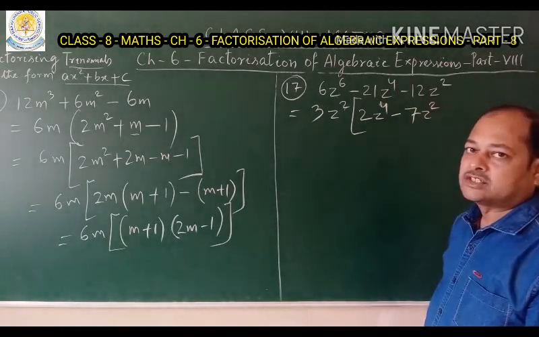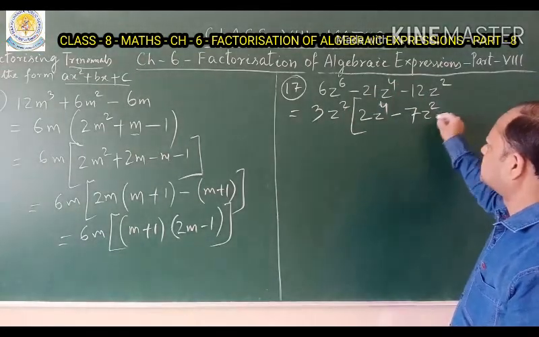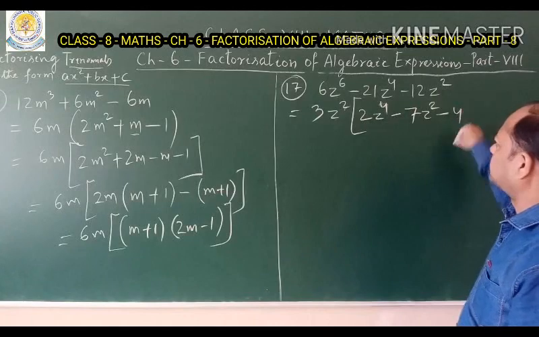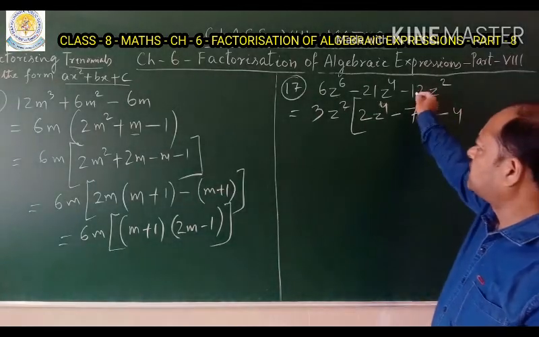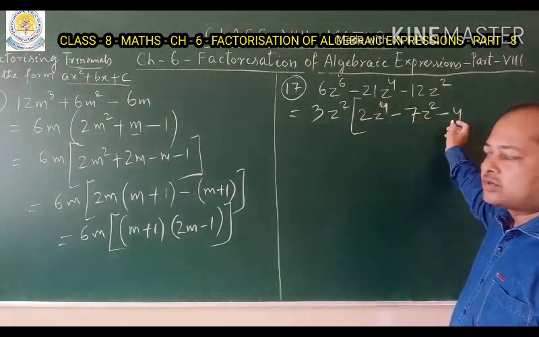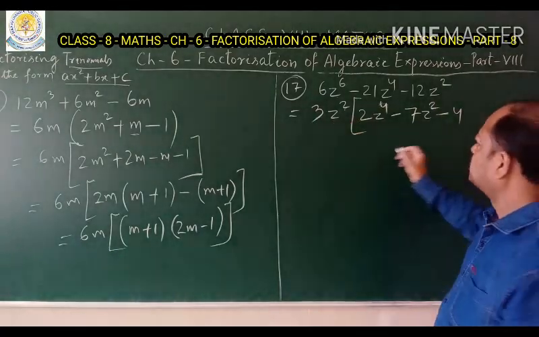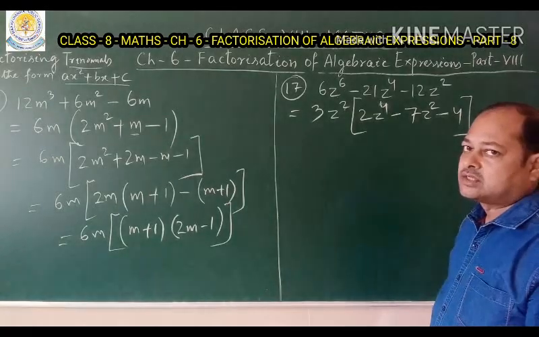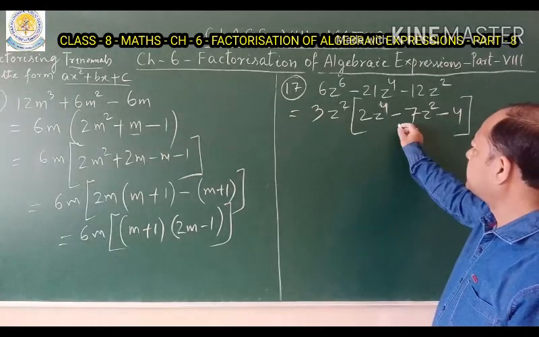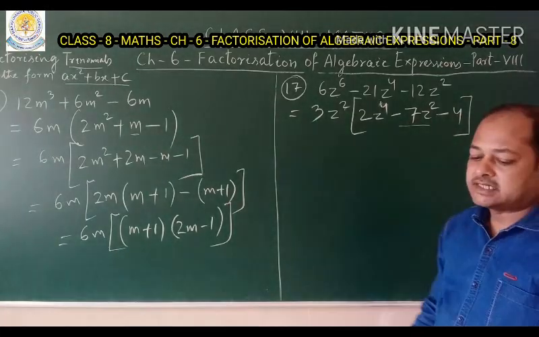Then minus 12z square: 12 divided by 3 is 4. Now what is here? Already z square we have taken common, so no need to write z square. So we have got the middle term here, minus 7z square.